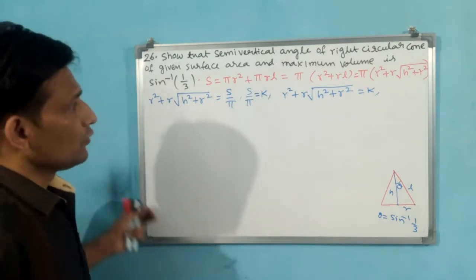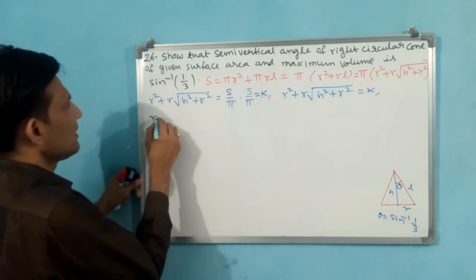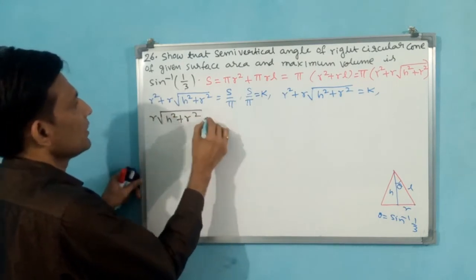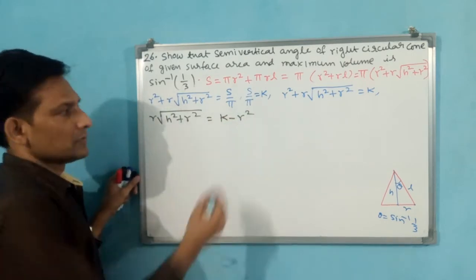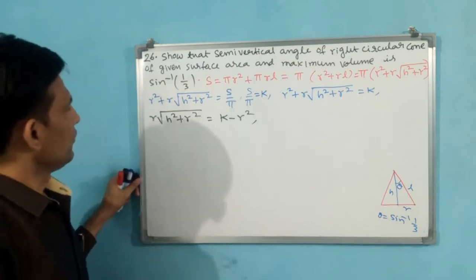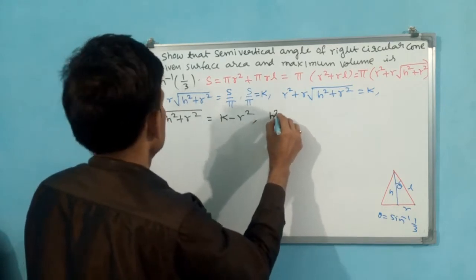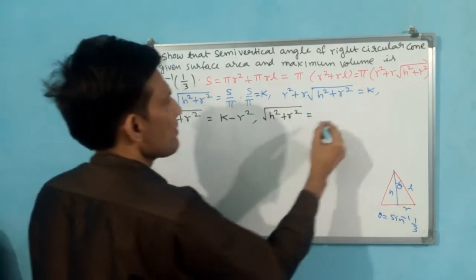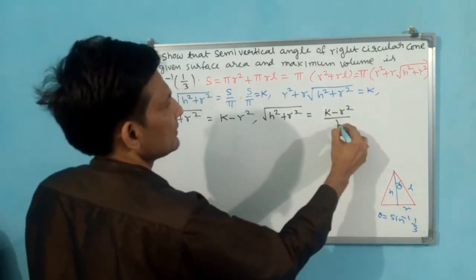You see, r square I am sending to that side. r into square root of h square plus r square is equal to K minus r square. This r also I am sending to this side. Square root of h square plus r square is equal to K minus r square by r.